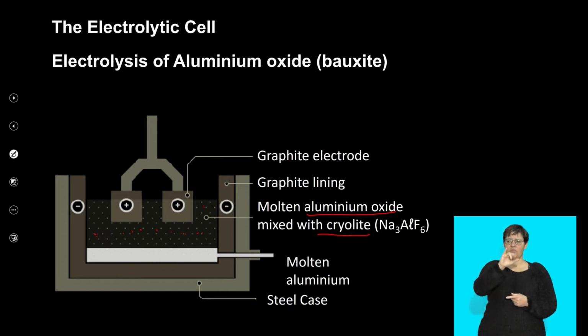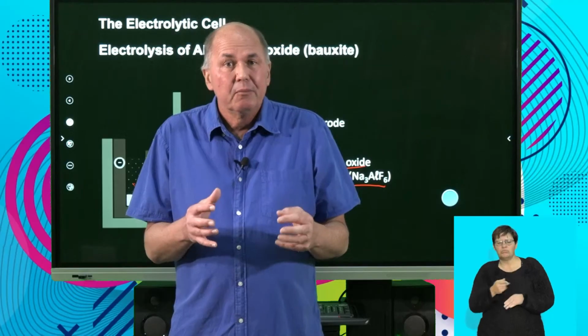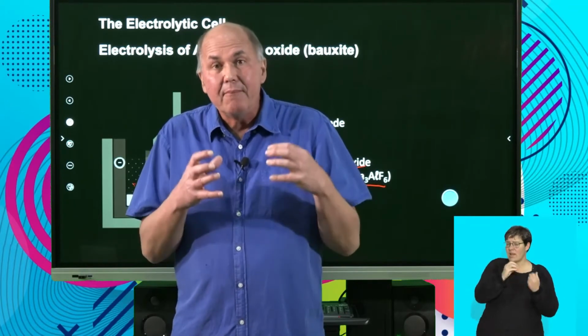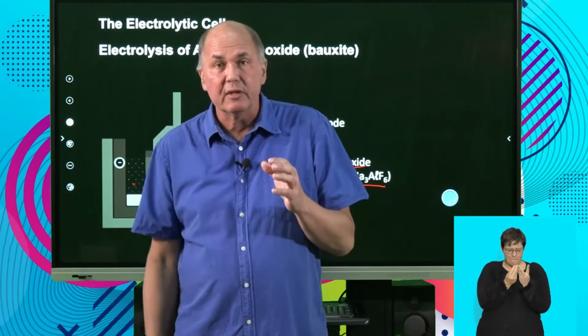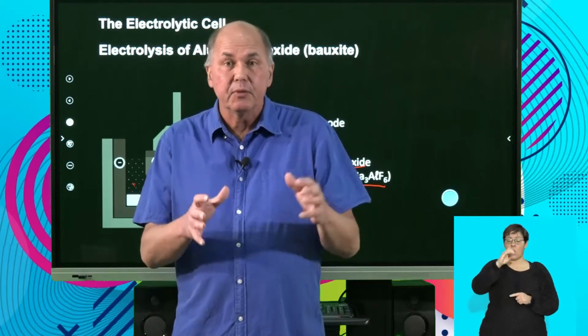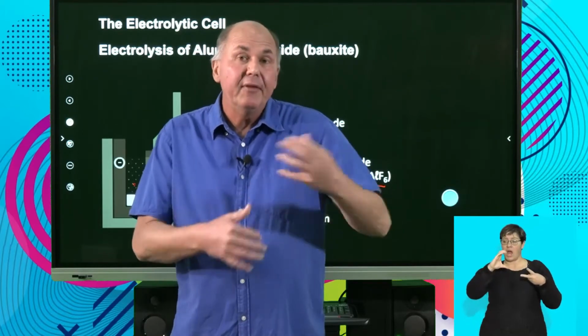The formula for cryolite is Na3AlF6. You don't need to remember that, but you do need to know the function of why it's there, because it's also got some aluminium in it, and it's a mineral. It comes from some of the rocks. They melt it, they purify it, they make sure that the aluminium oxide is pure, that the cryolite is pure, and then they mix it together.